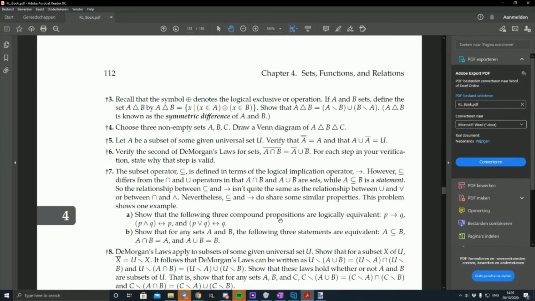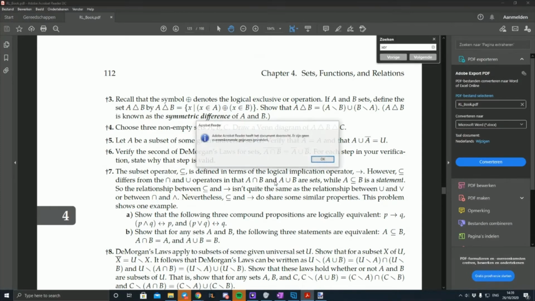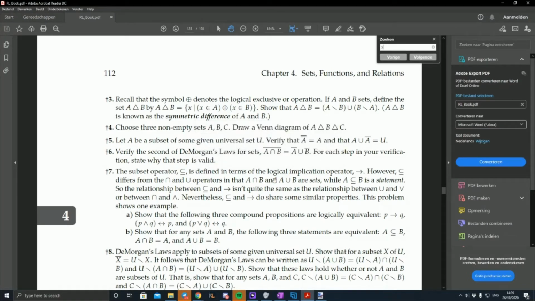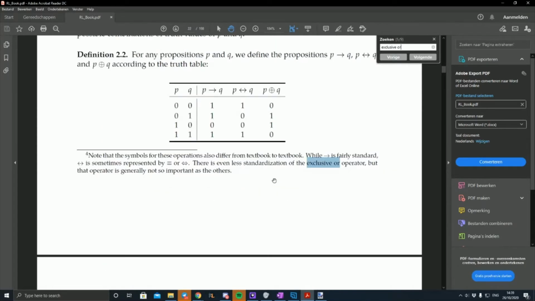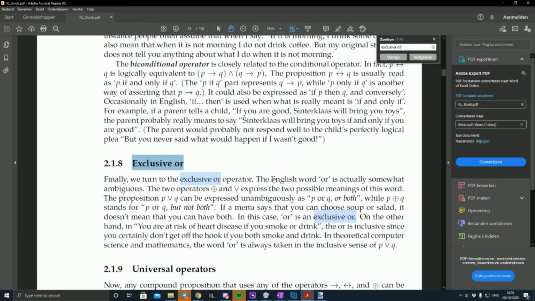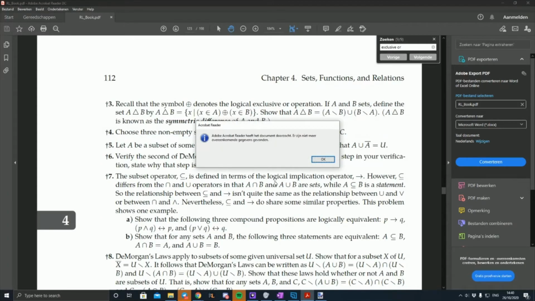However, now we have, if we look for exclusive or, let's see, how does it define this?